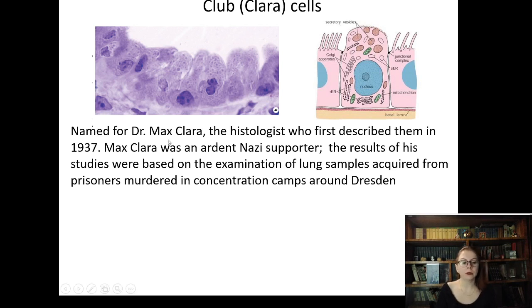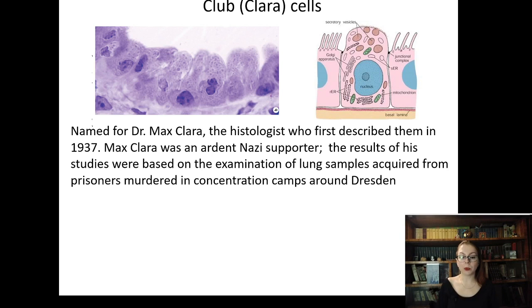Why? Because, as it is written, Max Clara was a Nazi supporter, and he performed his experiments on humans. And really, he examined lung samples after the intoxication, and he found that such people have an increased number and function of Clara cells.